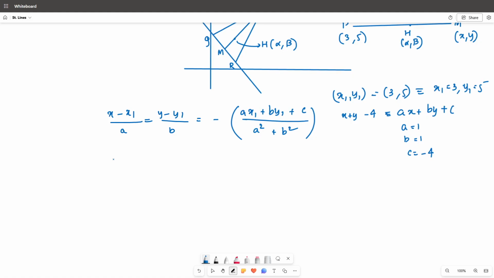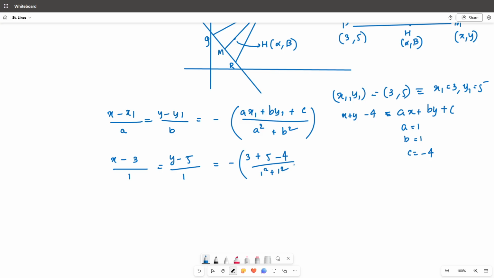So x minus 3 by 1 is equal to y minus 5 by 1 is equal to minus of a into x1, so 1 into 3, that is 3, plus b into y1, so 1 into 5, that is 5, plus c equal to minus 4 by a square plus b square, that is 1 square plus 1 square.